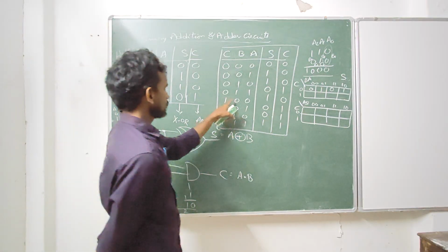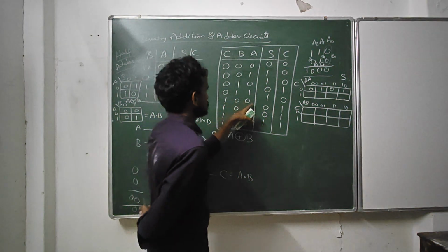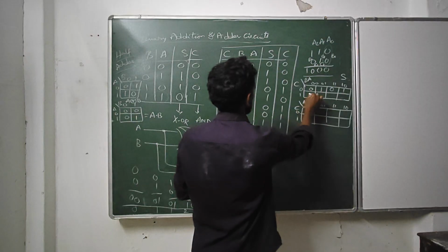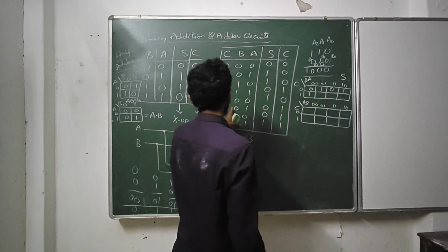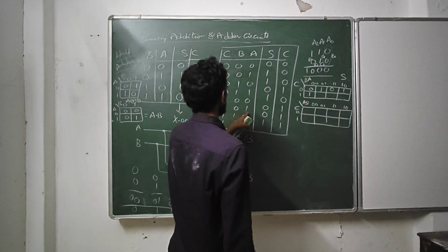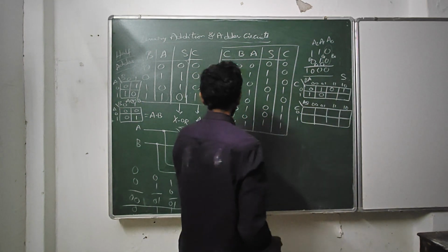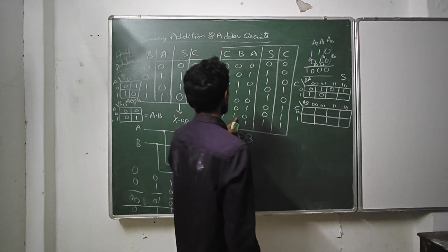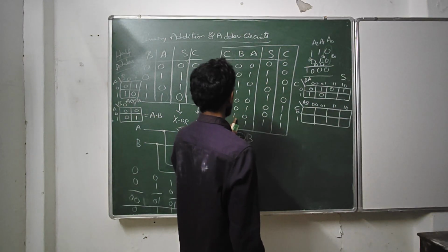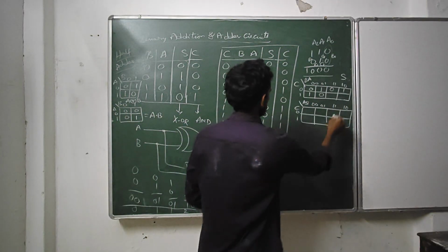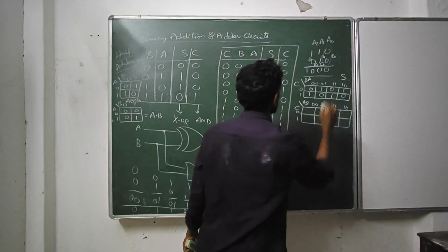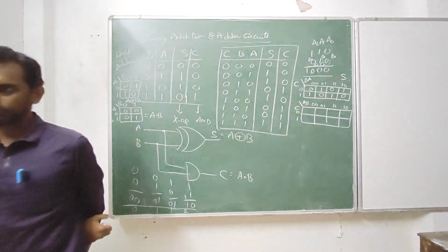Keeping C1, B as 0 0, result is 1. C1, A is 1, result is 0. C1, B1, result is 0. So that is a complete table.